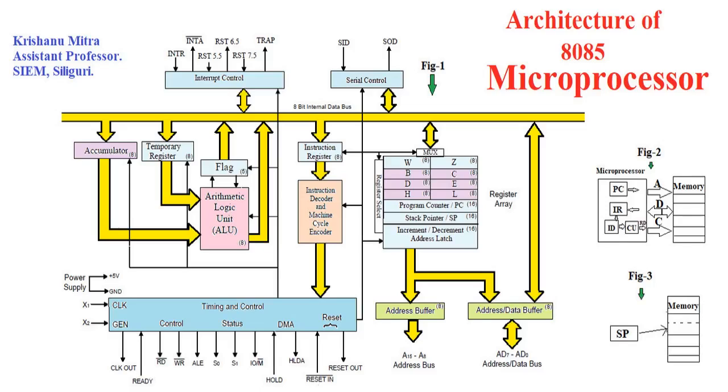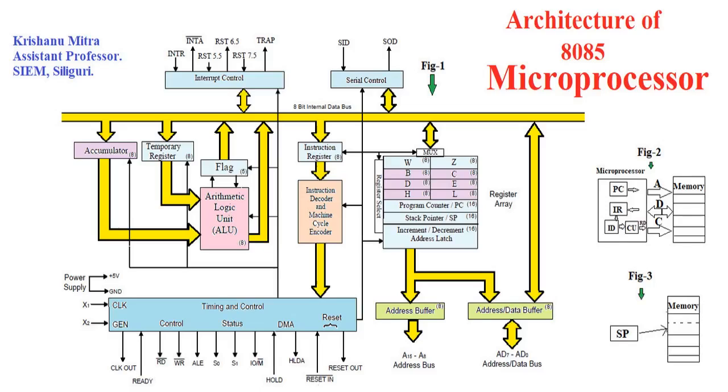Then memory will send the content of the program via the data bus to the instruction register, and the instruction register will send that instruction to the instruction decoder. The instruction decoder will decode that instruction. We programmers write the program in assembly language, but the microprocessor does not know assembly language.